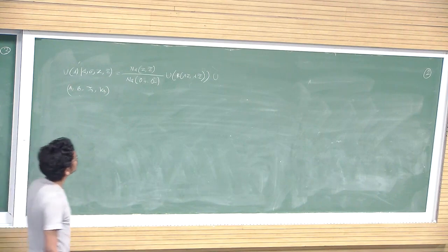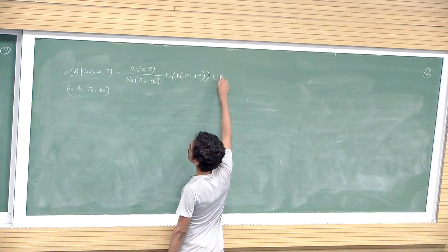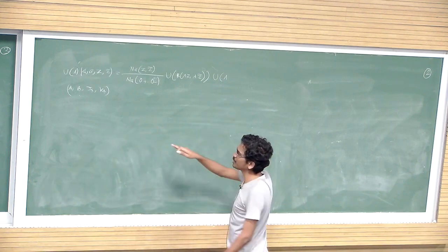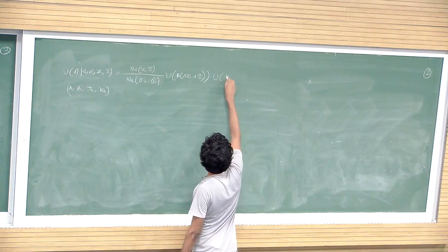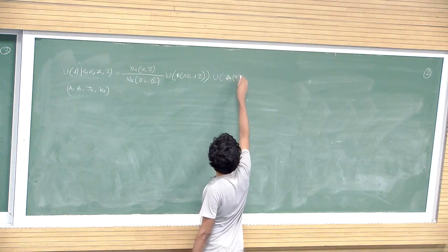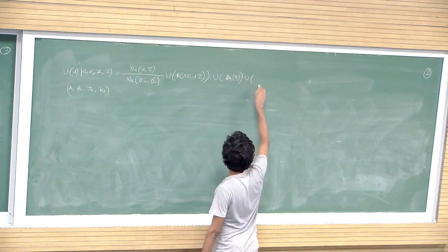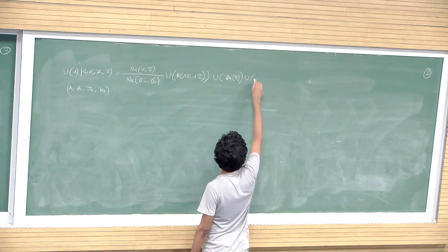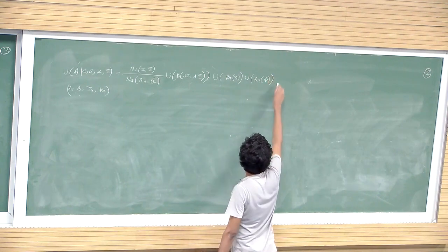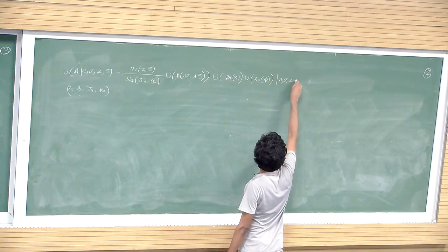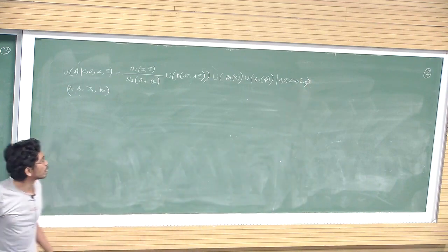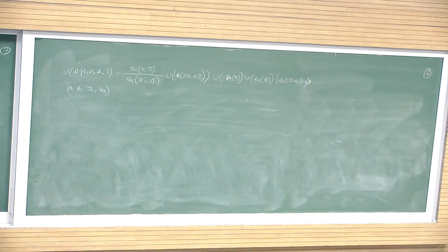A and B are anyway 0, so you have U of K3, meaning the boost along the third direction, and J3, meaning the rotation around the third axis, R3 of phi. This is acting on delta sigma. This is fine, right? These are my little group matrix elements.